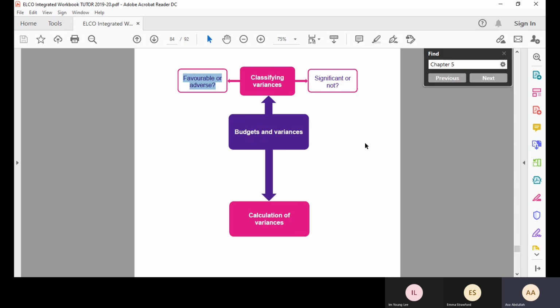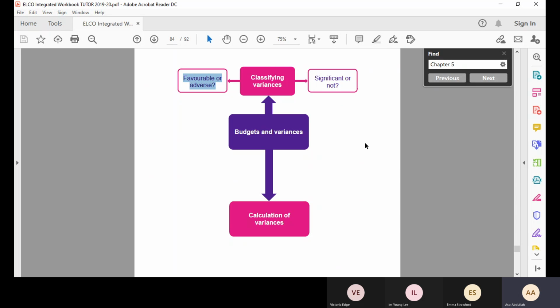Or if you buy the 4 pieces of clothes within £90, it is much better. You're saving £10. It is in favor of you. However, if those 4 pieces of clothes cost you £110, more than £100, it is going to be adverse. Favorable means you are able to buy it within the budget which you planned. Adverse means it is costing you more. This is the difference between adverse and favorable.